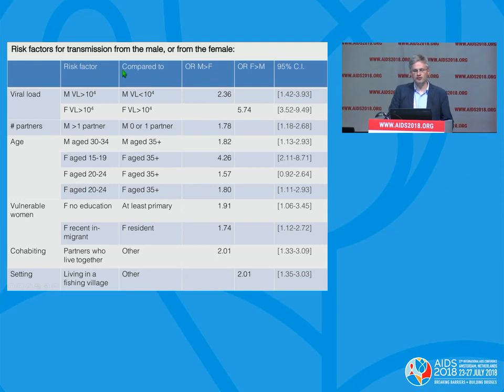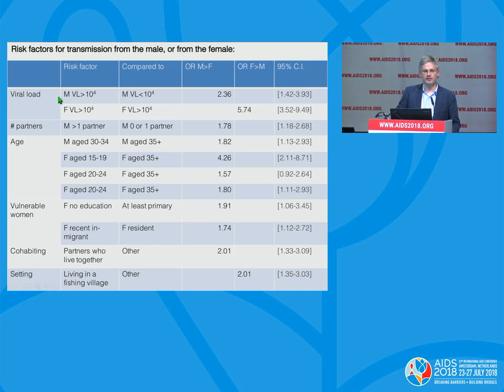What we did is we looked at the risk factors for whether transmission was coming from the male or from the female. The reason this is a good study design, it's not an obvious one, is that these analyses are quite frail to sampling bias, and this really inherently corrects for a lot of the sampling bias because it affects the males and the females in a similar manner.